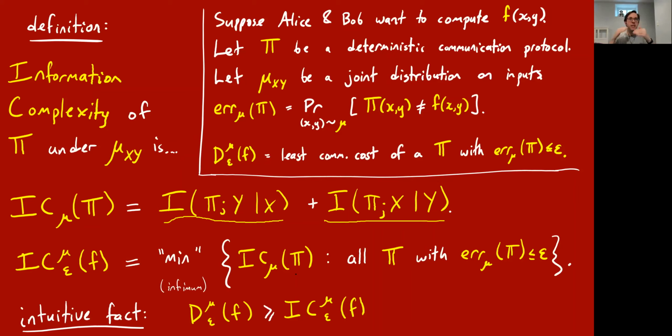It could be that you have a series of protocols that all convey less and less information, because you're not putting any upper bound on how many actual bits of communication they have.